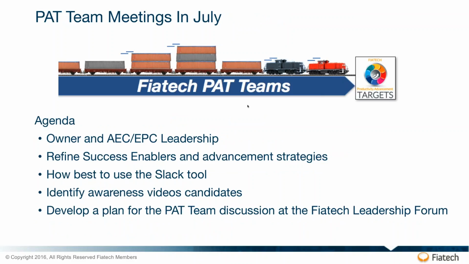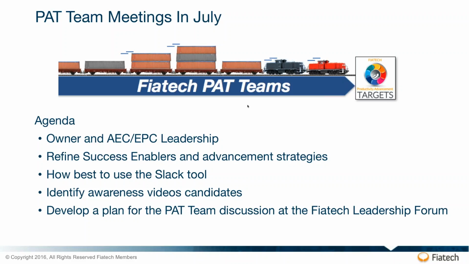One of the things we need to really do is understand which of the 12 PATs you want to be engaged in, and who in the organization needs to be engaged in which other ones. The expectation is not that the core Fiatech liaison becomes engaged in all 12 PATs. So help us understand where you want to connect and who is your entry point, or who's going to sit on the different teams, and then how big an engagement they participate in will evolve over time.